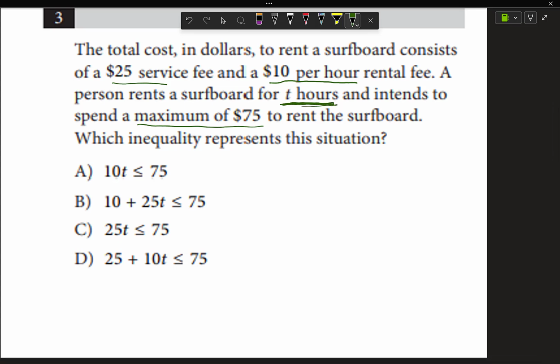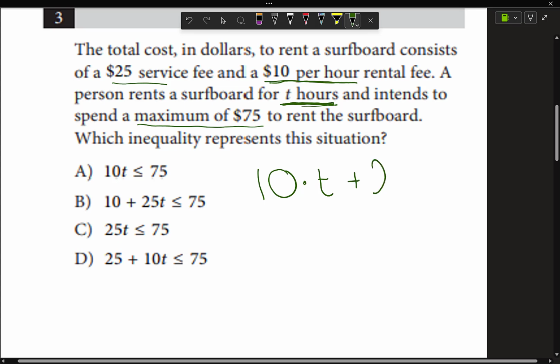So which one of these numbers are we going to take and multiply by t in this problem? Well, it should be 10 because it's $10 per hour. So that's 10 times every hour t plus that service fee. So there's a one-time service fee. A maximum of $75. So think about what maximum means.